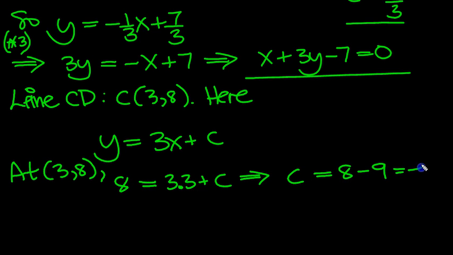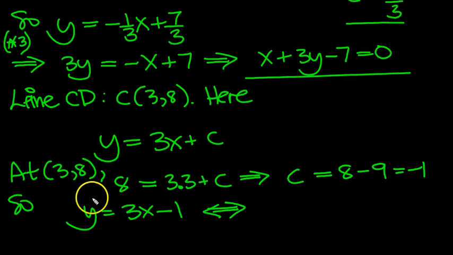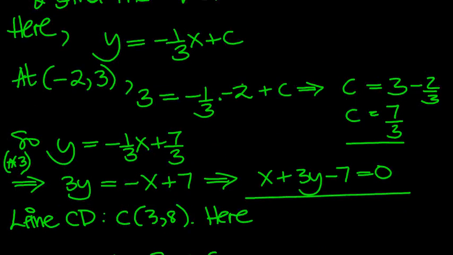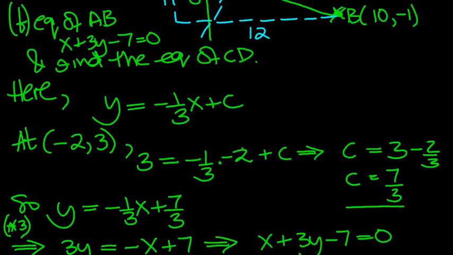So c is minus 1. So y equals 3x minus 1. And we can rewrite that in an alternative form. Move the y over, 3x minus y minus 1 equals 0. So either of these represents the equation of the line, doesn't it? Okay, good. So that's the equation of CD.